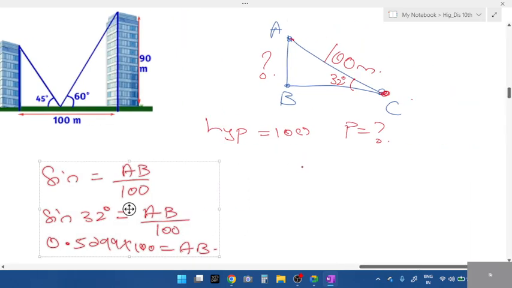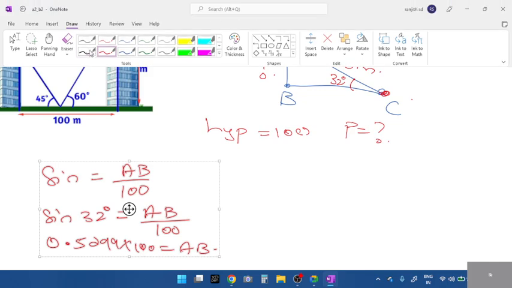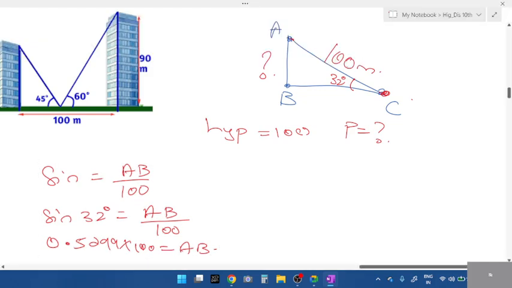What is the reciprocal for sine, students? What is the complementary or reciprocal for sine? Cosec, right? We need to convert into cosec. Now AB is given. AB is 100 meters.